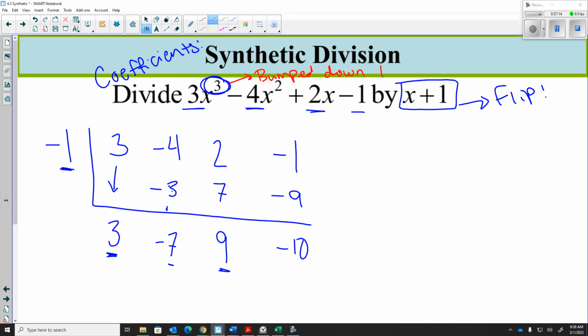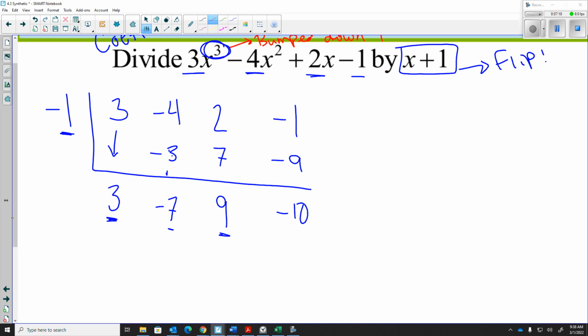Okay, so here's what the quotient is going to be. I started with a degree 3. This thing's got to be degree 2 now. These are the coefficients, so I just fill it in. It's going to be 3x squared minus 7x plus 9. There's no x on that one, right? Because I'm out of variables now.